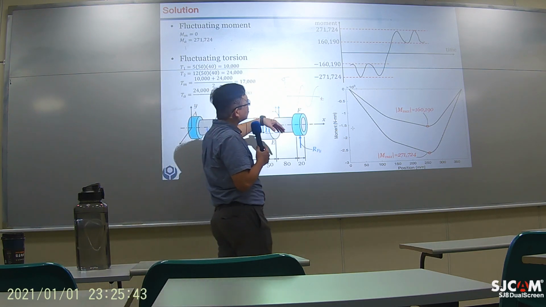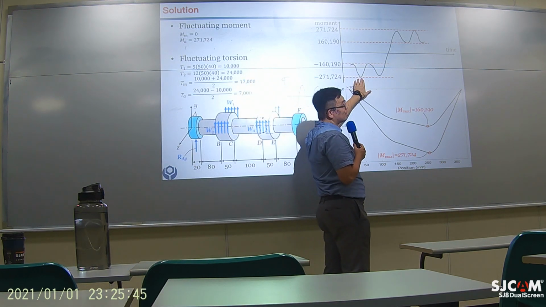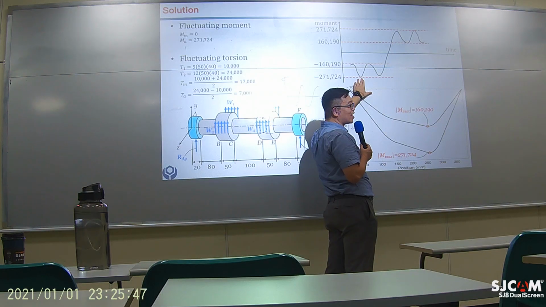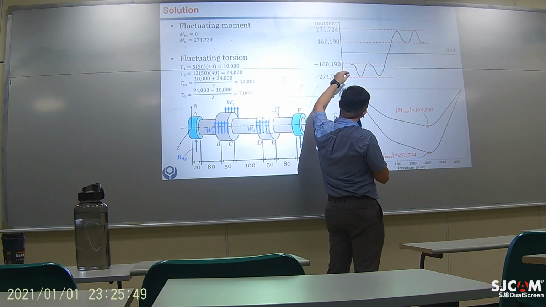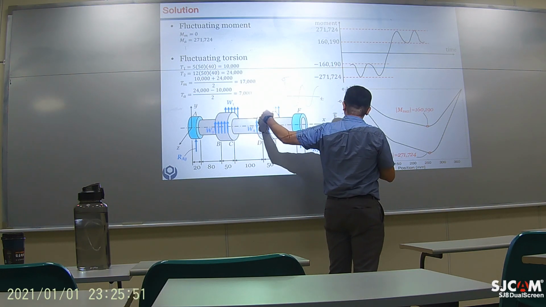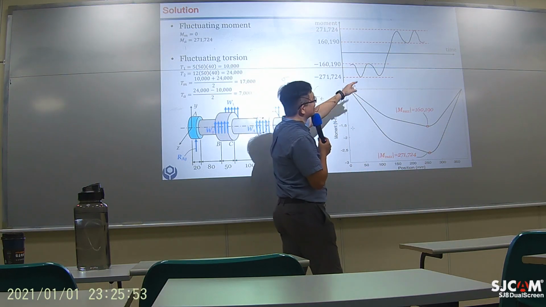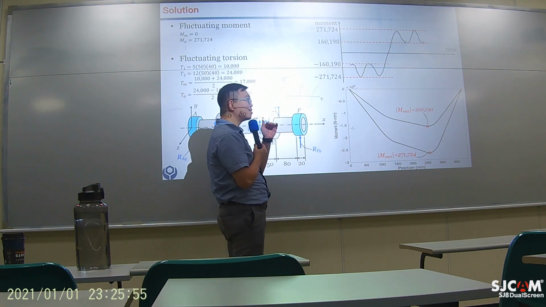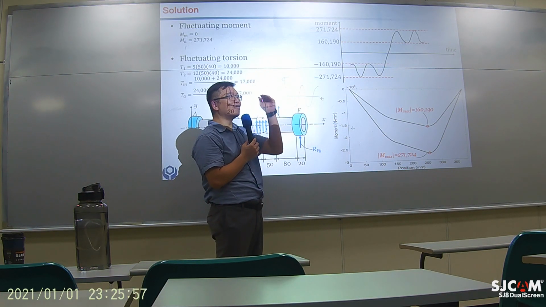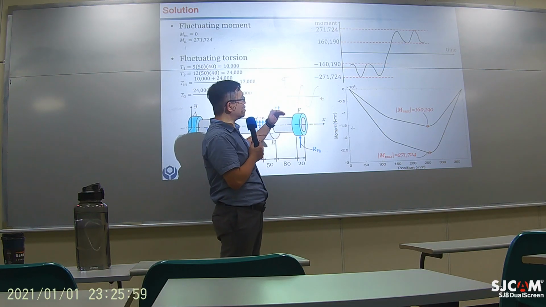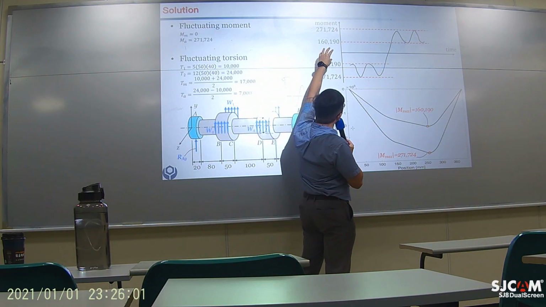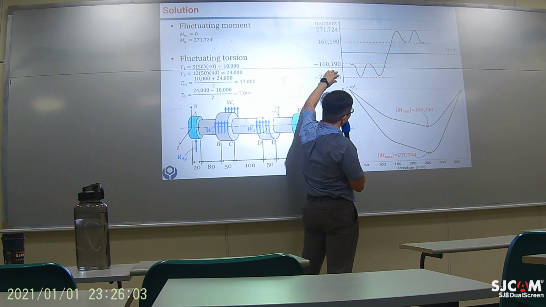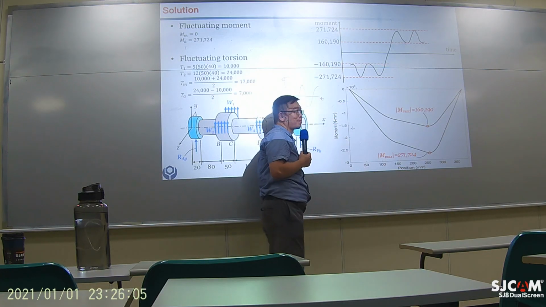So you can think the fluctuation of the moment at that particular point looks like that. So it's really going up and down, but sometimes it is up and down in the positive area, sometimes up and down in the negative area.